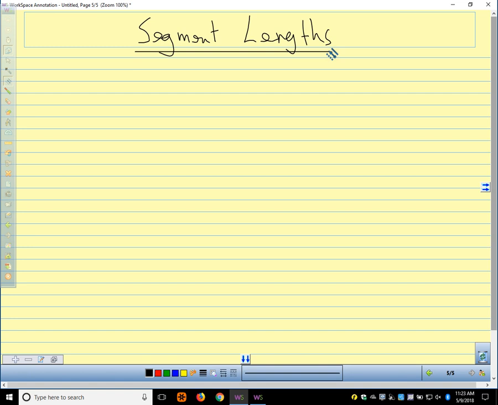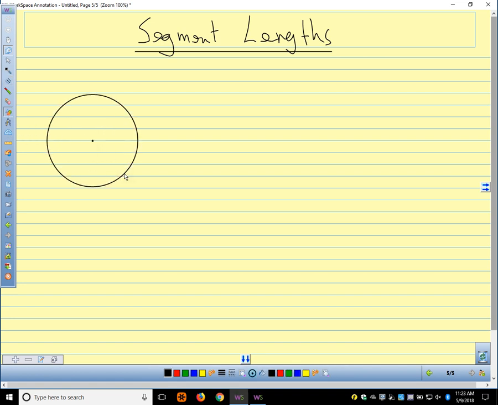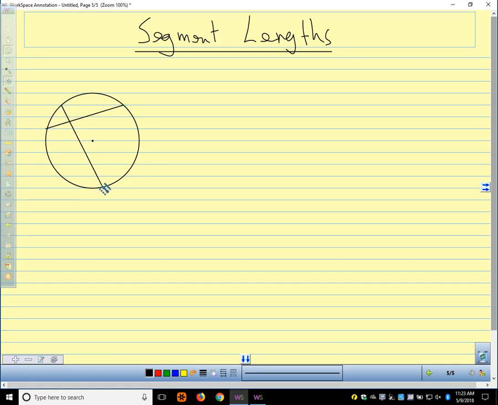That's how the flip book shows you that you're talking about lengths rather than angles. So we have 3 possibilities here. We have the possibility where our segments intersect inside the circle, like so.